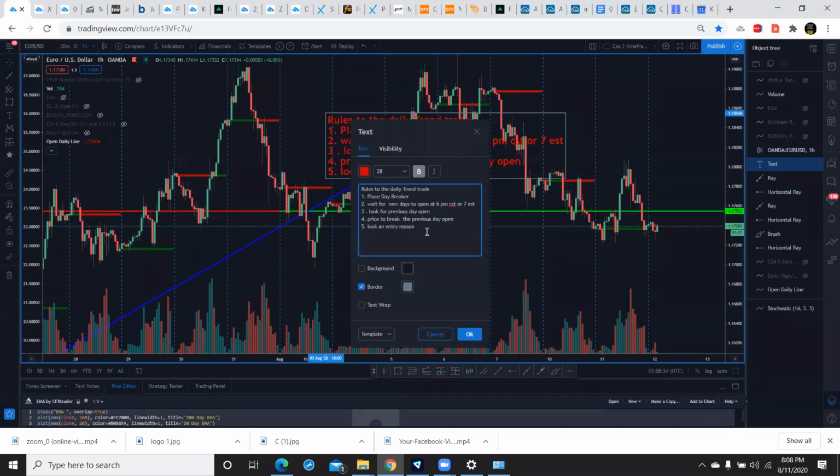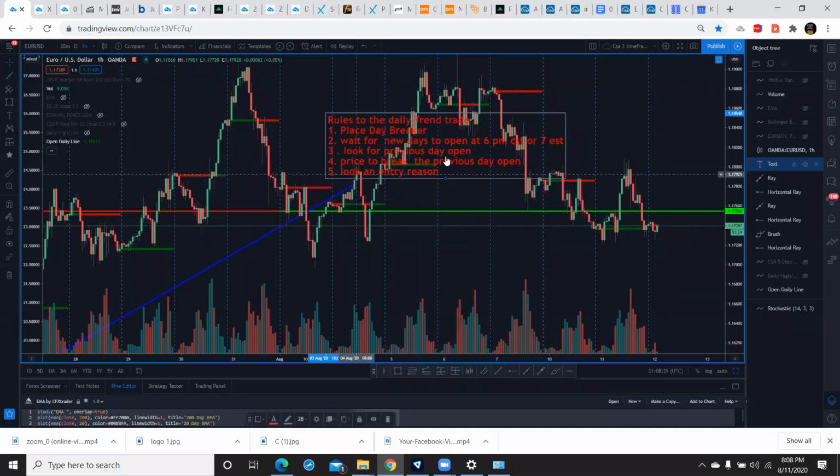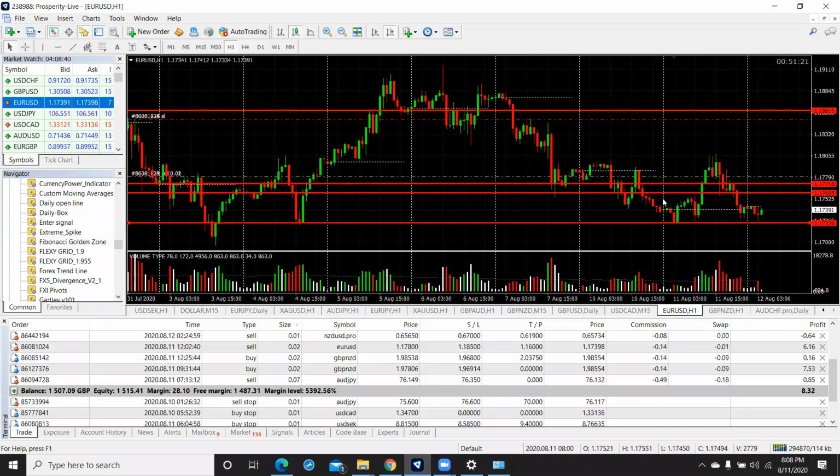So we didn't dive into this part yet, but that'll be the fifth step, is to look for an entry reason. So when we come back over here and I give you guys an example, let's put a mark there.